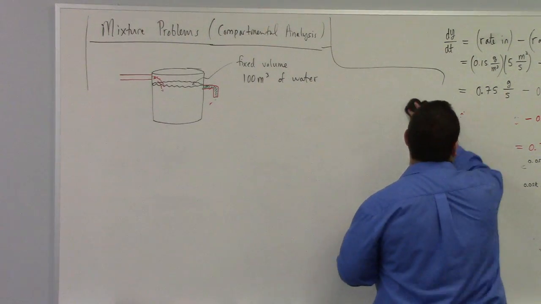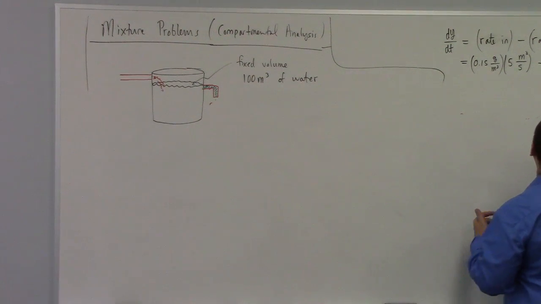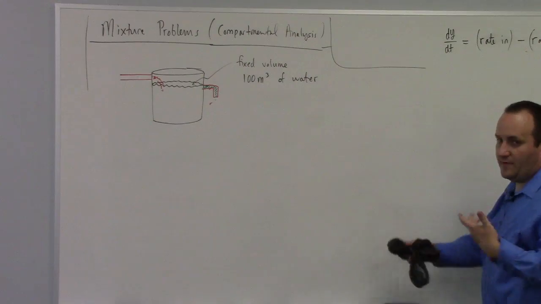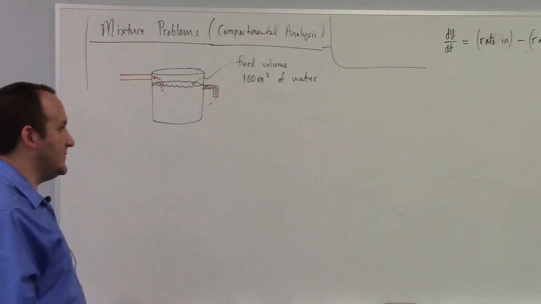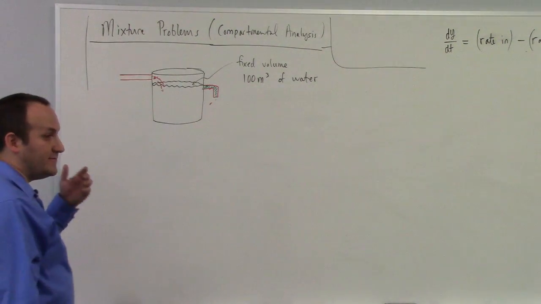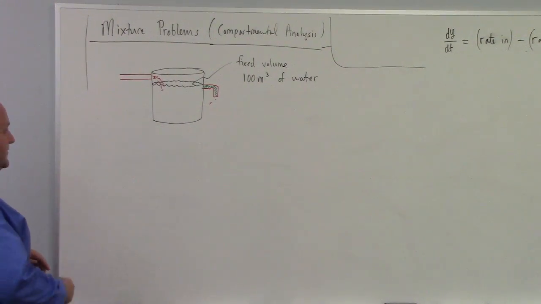Yeah, variable flow rate. Yeah, do that. So I'm going to continue to let y denote the number of grams of salt in the thing, usually people do salt. And then it's called a brine, right? Water with salt mixed in, like you might put on the roads for ice.